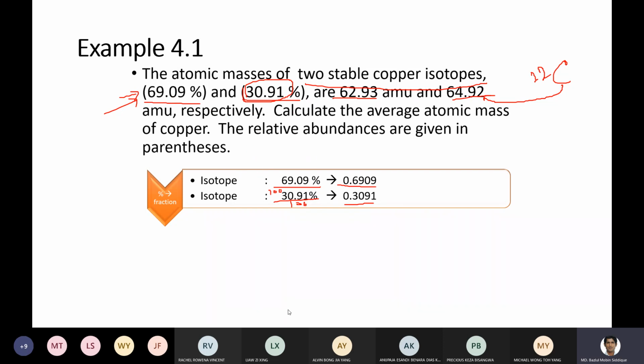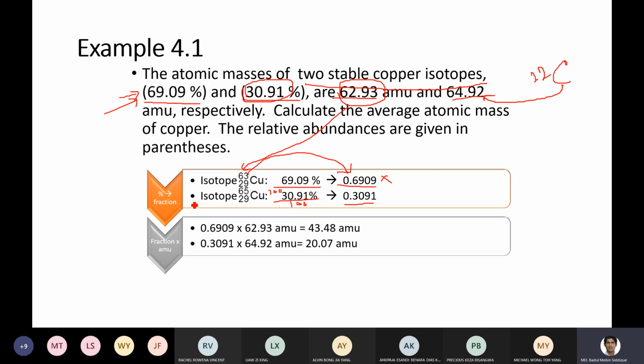And now after that we will do this fraction. We will multiply the AMU with the respective abundance. Since this one is 62.93, it is rounded up to 63. So we will multiply it with the 63 here, right?